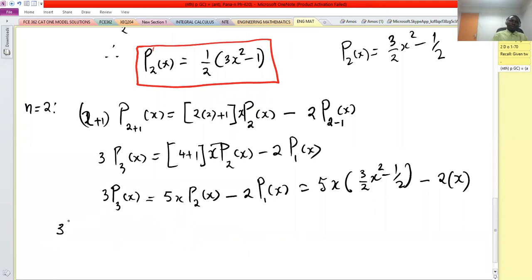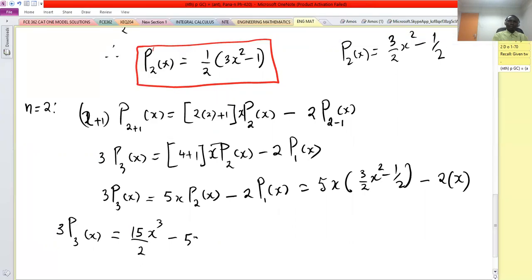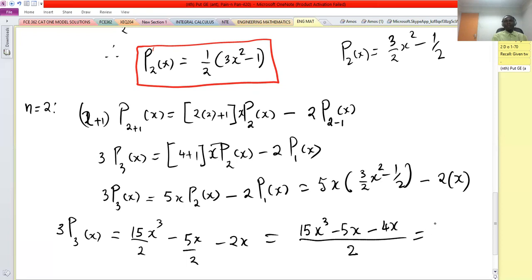So we'll have 3 P3 of x equals 15x cubed over 2 minus 5x over 2 minus 2x, which will be the same as 15x to the power 3 minus 5x minus 4x, and then we'll have 15x cubed minus 5 minus 4, which is minus 9x over 2.